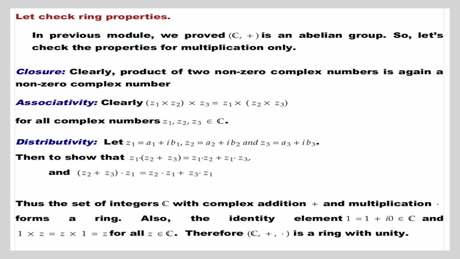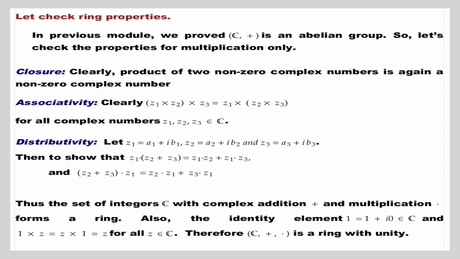Closure: clearly, the product of two non-zero complex numbers is again a non-zero complex number. Associativity: clearly (Z1·Z2)·Z3 equals Z1·(Z2·Z3) for all complex numbers Z1, Z2, Z3 belonging to C. Distributivity: let Z1 equal to A1 plus iB1, Z2 equal to A2 plus iB2 and Z3 equal to A3 plus iB3.